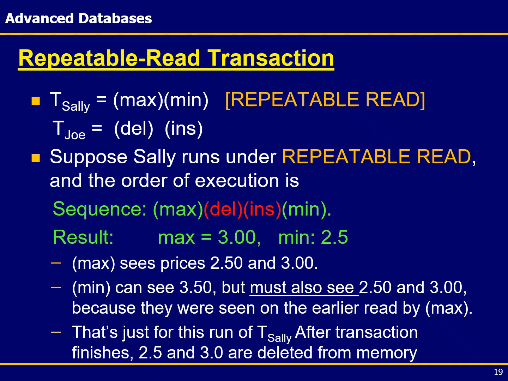So now the actual database has only 3.5. Okay? But what Sally is seeing in terms of the data, she is seeing the two old ones, the Shami and the Baladi, and the French as well. So when she goes and queries the minimum, she will get 2.5.